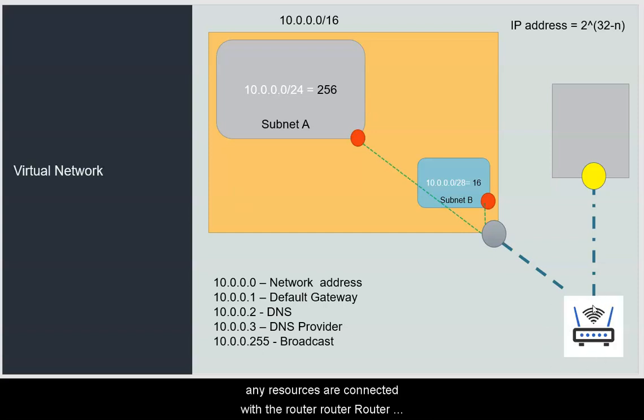Okay, now we need to understand what happens whenever resources are connected to the router. This is our router. The router helps provide private IP addresses to all the devices inside that are connected to it. Router means the internet is provided via that. Whenever a device connects, it provides an IP address to the different resources, and it has a gateway.